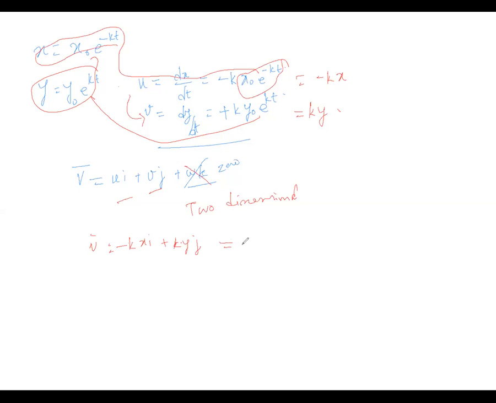If you take k outside, it is minus k times x i vector minus y j vector. This depends on the x and y space coordinates, the position vector, and not on time. So it is already two-dimensional and time independent, so it is called steady flow.